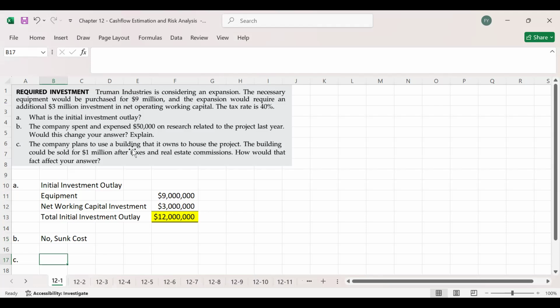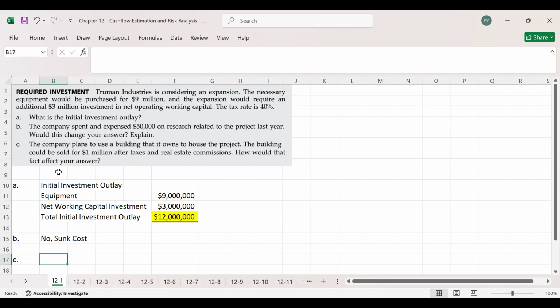The company is already using a building for the business, and the building could be sold for $1 million after taxes and real estate commission. So the company has a building, plans to use it, and the estimated sale value is $1 million after tax and real estate commissions.